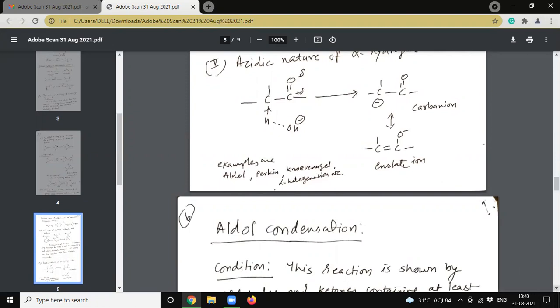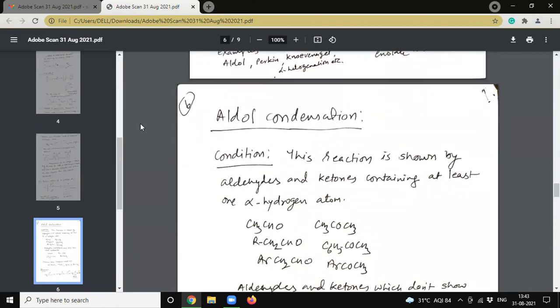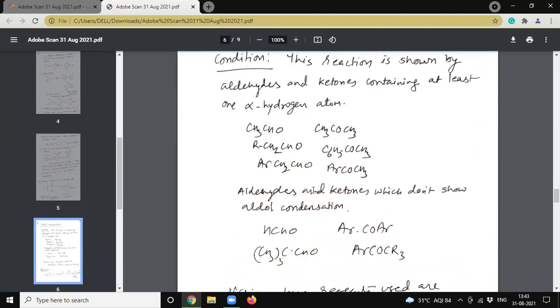Name reaction. Aldol condensation. Condensation reaction means two substrates will react with each other and they will not evolve anything. It is called a condensation reaction. For aldol condensation, the condition is that this reaction is shown by aldehydes and ketones containing at least one alpha hydrogen atom.